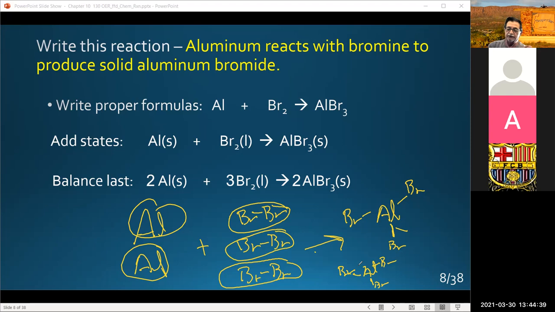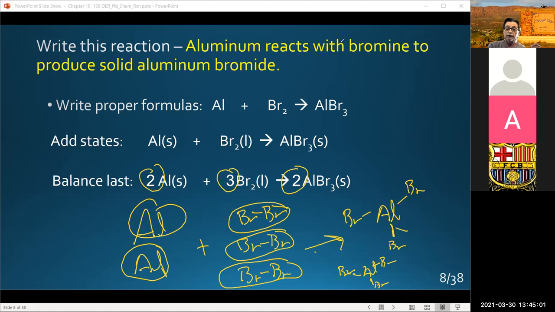It's kind of messy, but you could see that, right? So I get my 2 aluminums, then a total of 6 bromides, and we're balanced. But we put the coefficients there because obviously we're not going to draw them out each time. So our coefficients are put in front of the reactants and the products to tell us how many of each we have.